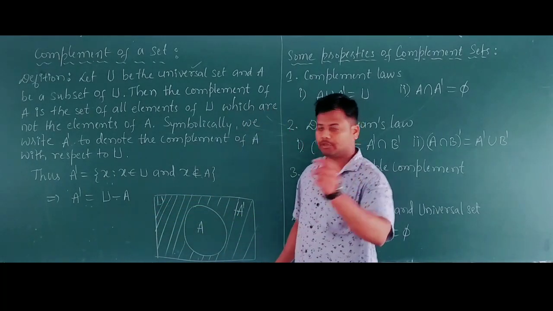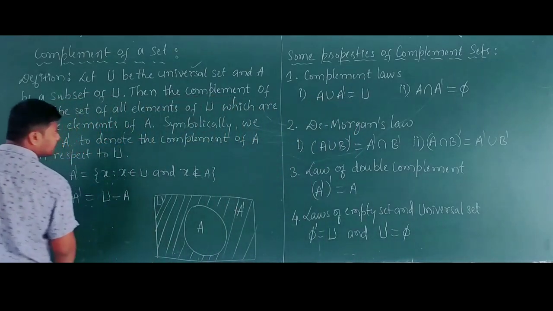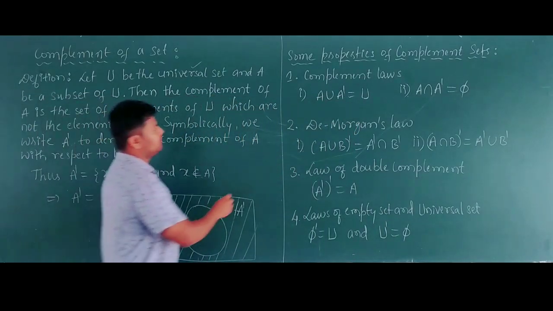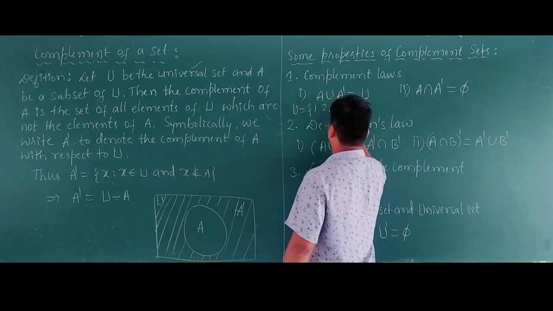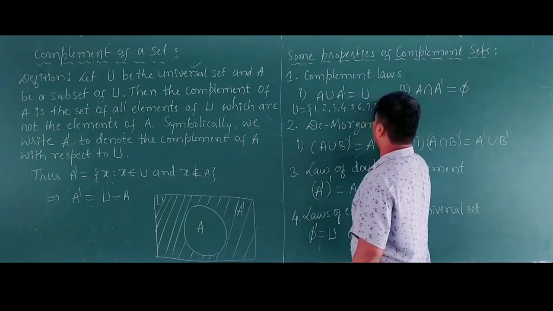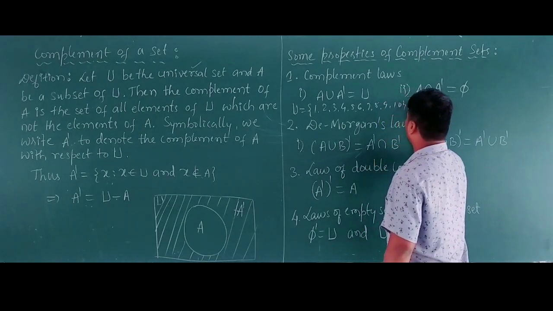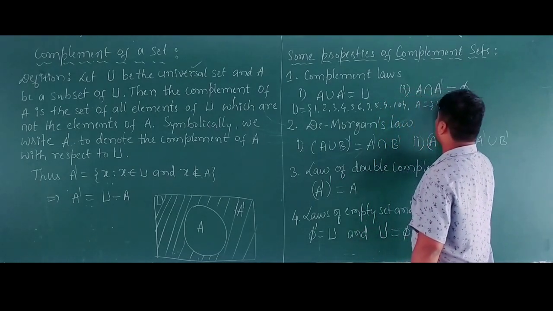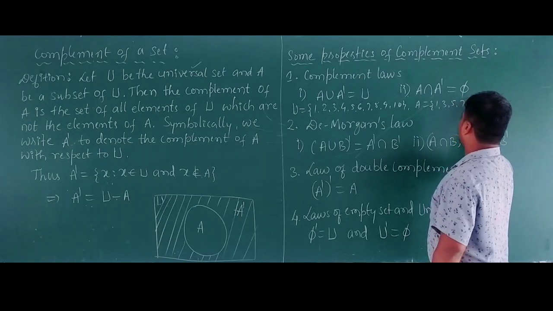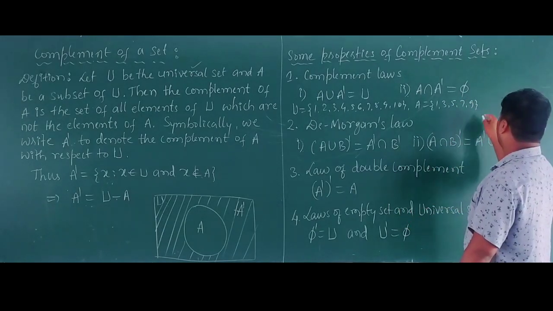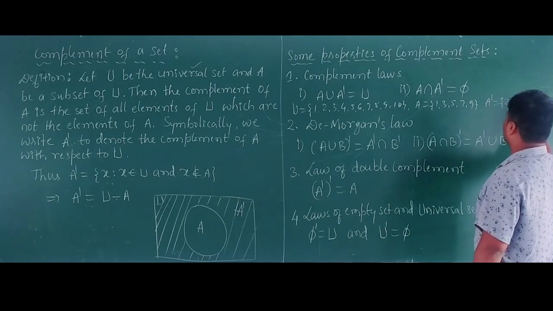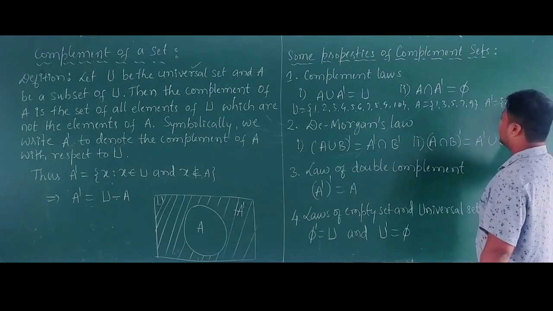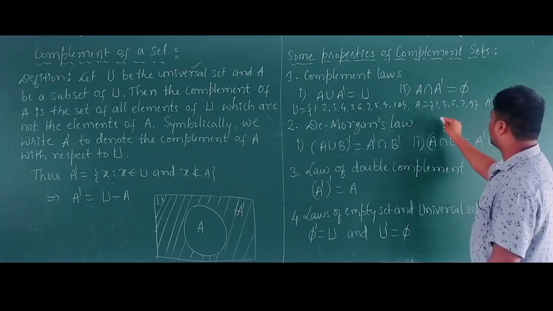I already have an example of that. So here is the example. U equals what? 1, 2, 3, 4, 5, 6, 7, 8, 9, 10. What is A? A is 1, 3, 5, 7, 9. What is A dash? A dash equals 2, 4, 6, 8, 10. I'll solve it.